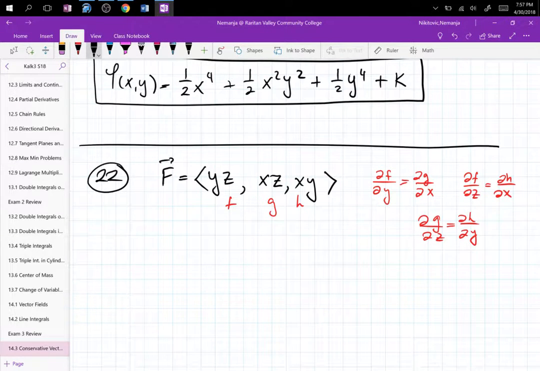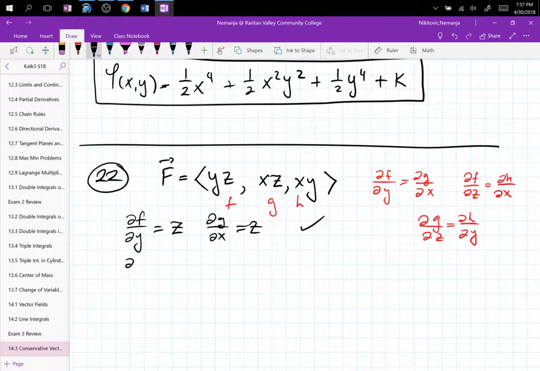All right, so what is my partial f, partial y? Partial f, partial y is just z. And partial g, partial x is z. All right, passes the first one. Partial f, partial z is y.